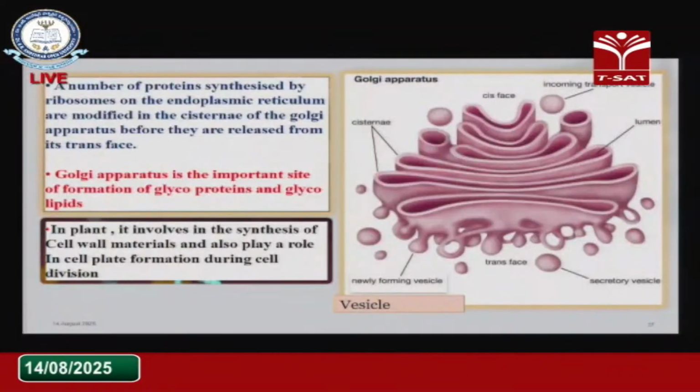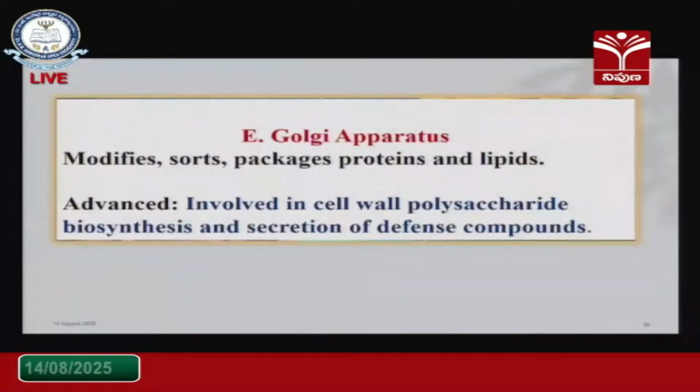In plants it involves the synthesis of cell wall materials and plays an important role in the formation of the cell plate, the phragmoplast, during cell division. Whenever cytokinesis takes place, the phragmoplast is produced with the involvement of the endoplasmic reticulum.